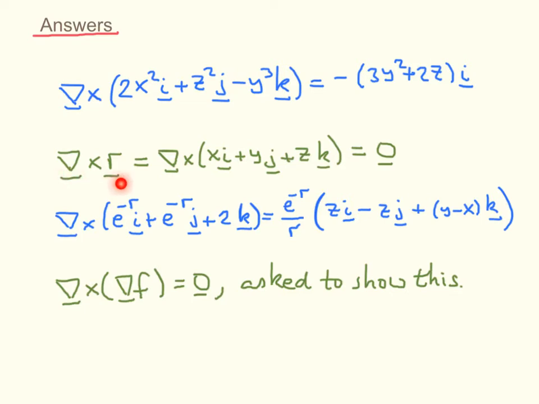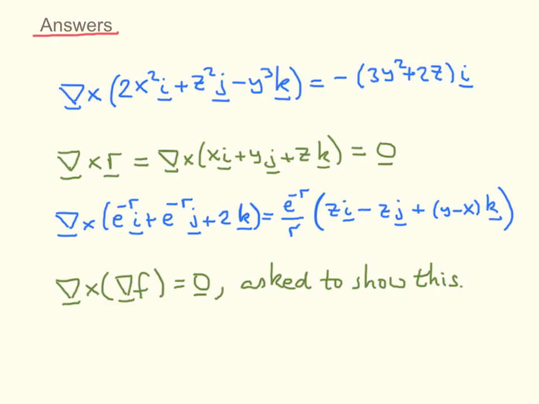The curl of the radial vector, the position vector, xi plus yj plus zk, is 0, and the curl of this vector, where r is the magnitude of the position vector, is found to be this, and to do that you needed to use the chain rule, and you were asked to show that the curl of the gradient vanishes.